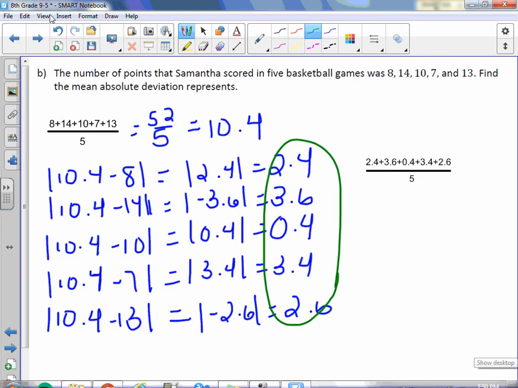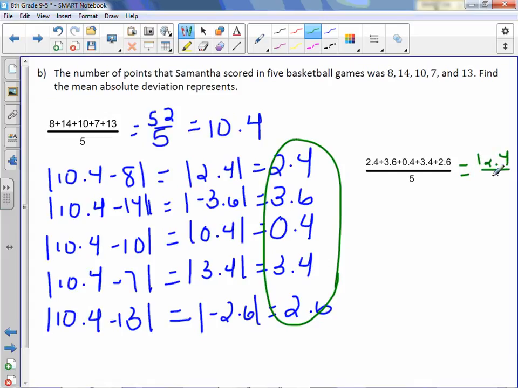We get 12.4 over 5, which equals 2.48. That is the MAD.